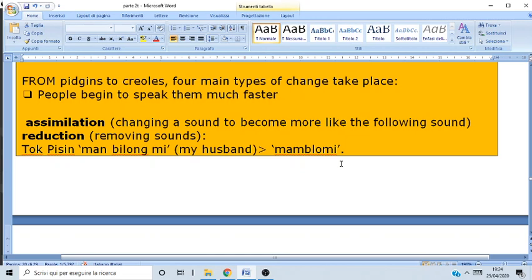Man belong me. But as new generations came in and it became a Creole, a process of assimilation and reduction occurred. What is assimilation? Look here. Man belong me.